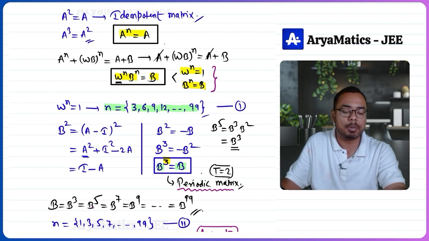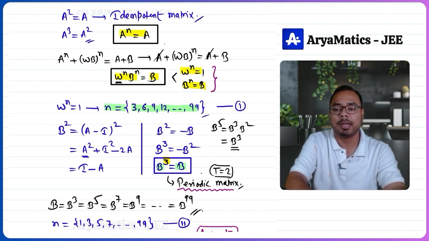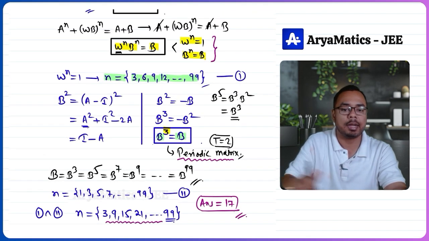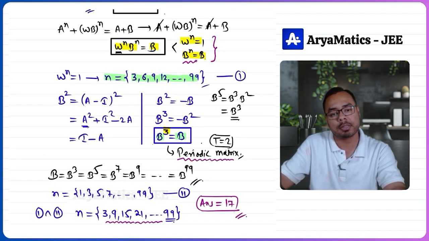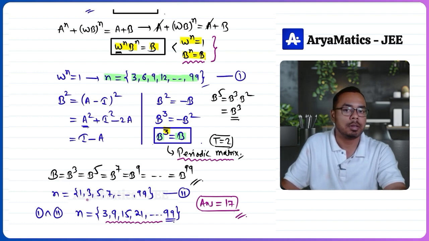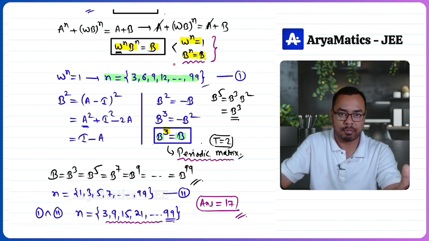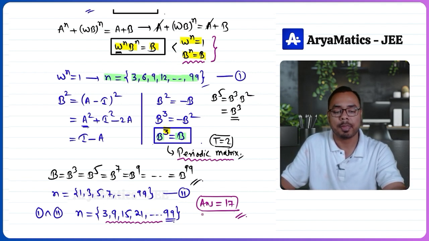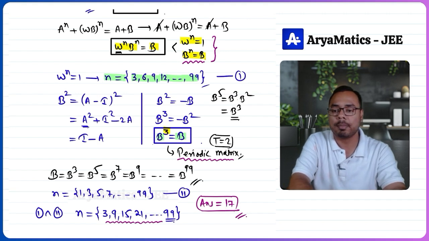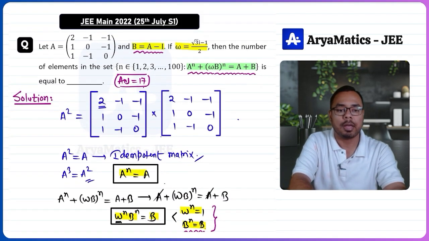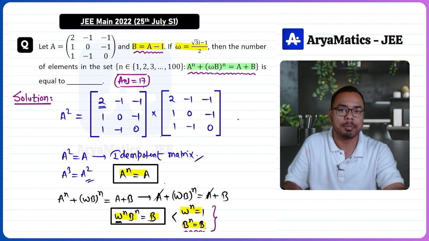And then B cube equals B raised to 5, 7, 9 and so on, all of them will be matrix B only. So if I have to satisfy the second condition that B raised to n is matrix B, then n must be odd natural numbers, 1, 3, 5, 7 and so on. And because we have to satisfy both conditions, we need to take the intersection of those two. So this was the intersection of the first and second sets of values of n. And now in this set, the total number of elements is 17. And therefore, the correct answer for this problem is 17.